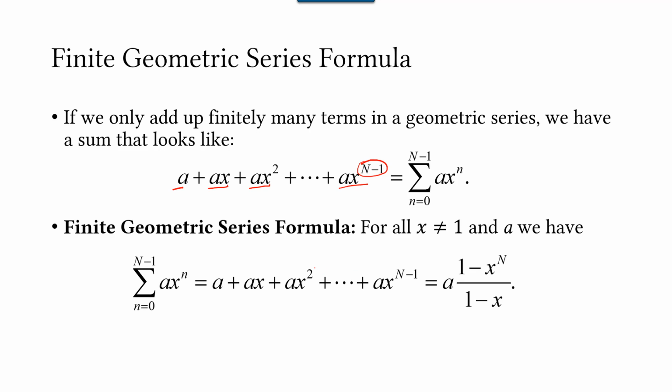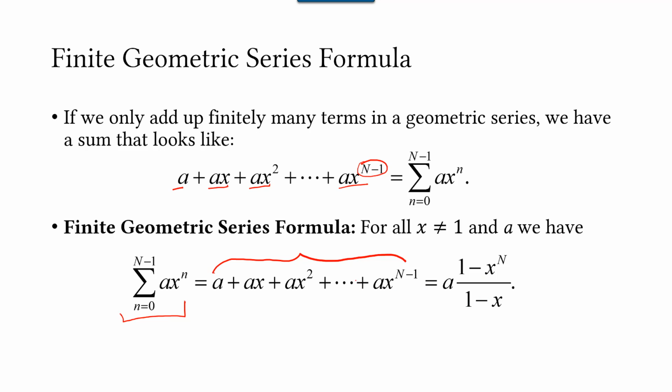On the left-hand side, we have the two different ways of expressing a finite geometric series, either with a shorthand sigma notation or written out. And the news of the formula is that no matter how many terms we have over on the left-hand side, we can figure out the sum of all those terms by taking a times 1 minus x to the n over 1 minus x.